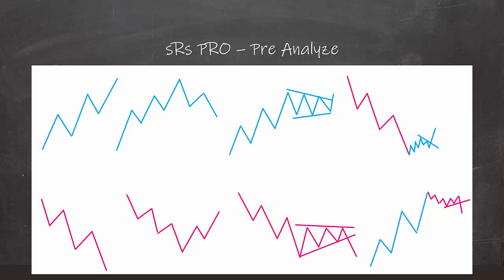One option is two waves, which we call A, B, C, D, or a ranging pattern. It could be a flat, horizontal range. It could be a triangle, a flag pattern, a channel. Okay, you name it, a wedge, you name it. Symmetric triangle, ascending triangle, descending triangle.